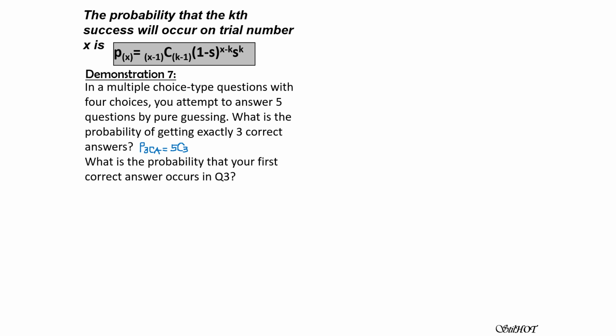Then the probability of failure: there are 3 wrong answers out of 4. So the probability of failure is 3/4 raised to 5 minus 3. Meaning to say the power is 2, you must commit a mistake twice only so that your score is exactly 3 correct answers. Then times the probability of success, which is 1/4, and this should be raised to 3.